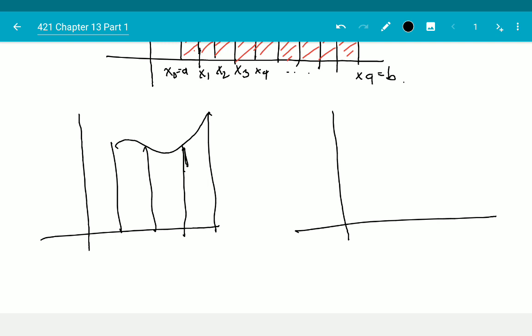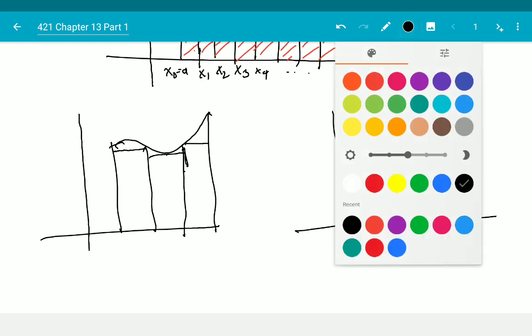Okay, so in the first case, I'm going to look at the underestimate. So it's here. The smallest point is here, the smallest point is here, and the smallest point is here. Okay, so that's my underestimate.